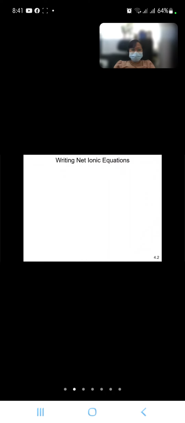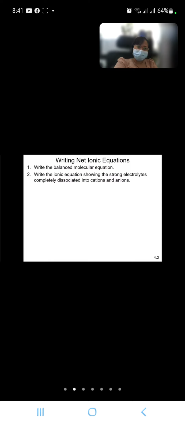Let's go to writing net ionic equations. In writing the net ionic equations, we have to write first the balanced molecular equation, and then write the ionic equation showing the strong electrolytes completely dissociated into cations and anions.